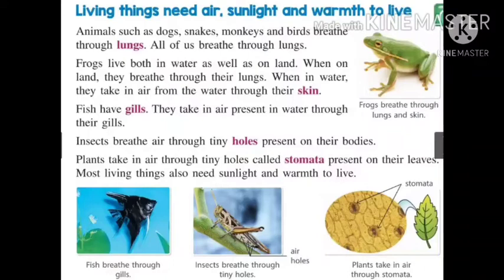But frogs have both lungs and skin, because they live in both places, in water and on land. When they are on land, they breathe through their lungs, and when they are in water, they breathe through their skin. Plants take in air through tiny holes called stomata, and they need sunlight to prepare their food.